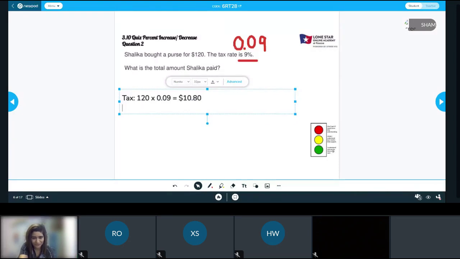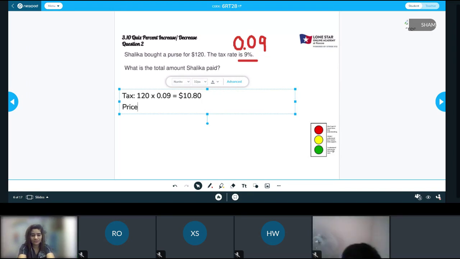Very good. Then the price after tax will be, calculate the price after tax. The price is 120.00. The tax is $10.80. So how much is the price? Ricardo, $10.80. Redo it. You'll see you get $10.80. And add them up.